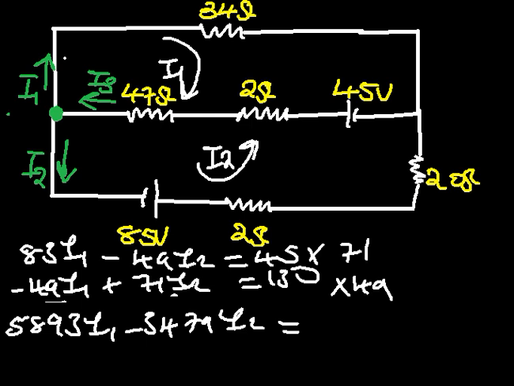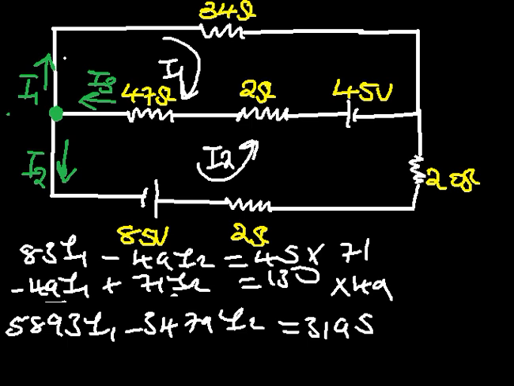That will be equal to, now 71 times 45, so we have 3195. And I should also multiply the other one.